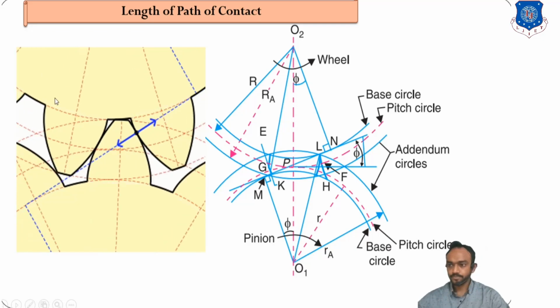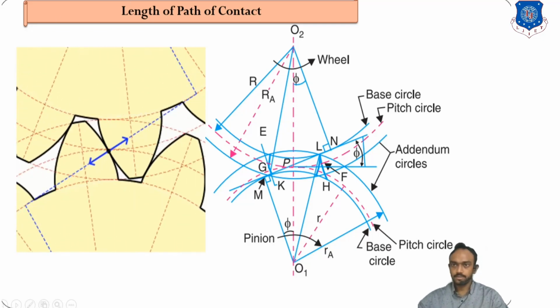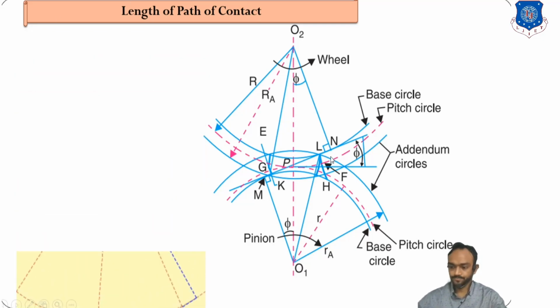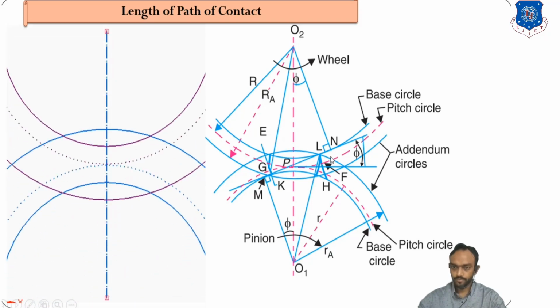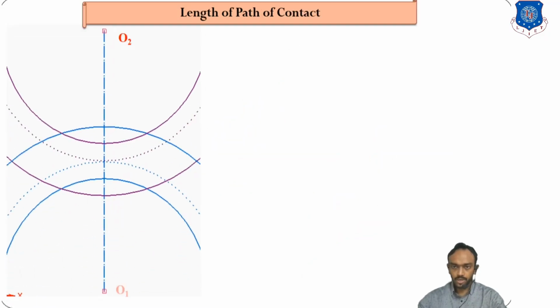Let's start step by step. Let's take two gears with centers O1 and O2. This is gear number 1, and the second is gear number 2.